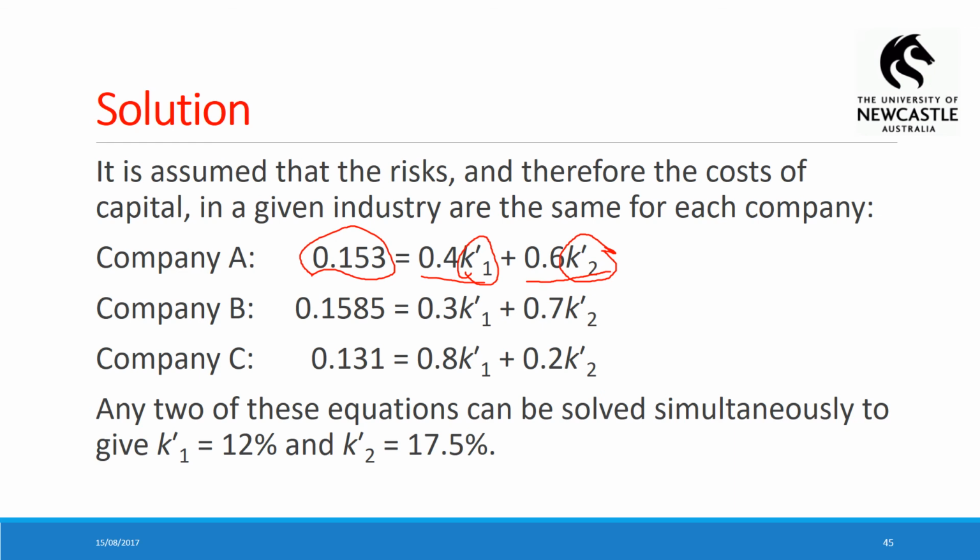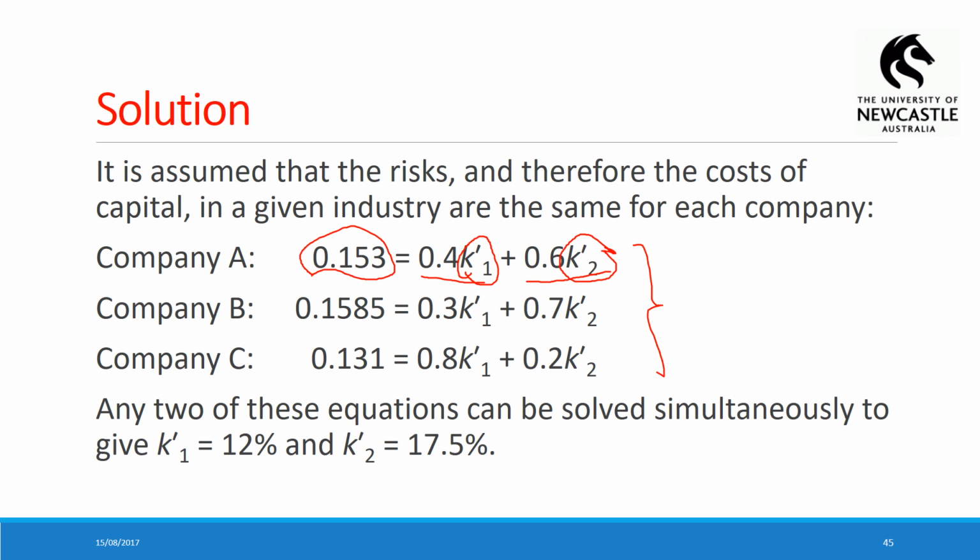For company B, we can do the same thing. We equate the total cost of capital for company B with the weighted cost of capital for divisions 1 and 2, right? So on and so forth. So here we have a problem where we have two unknowns. If we have two unknowns, we only need two equations to work out the values of these two unknowns.